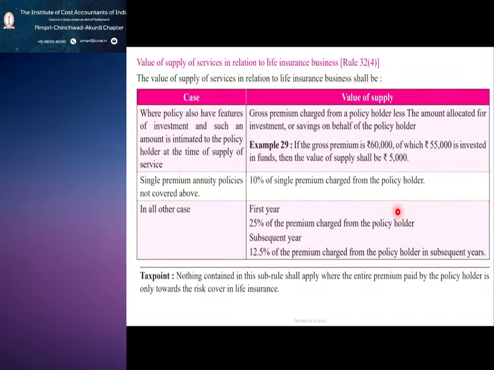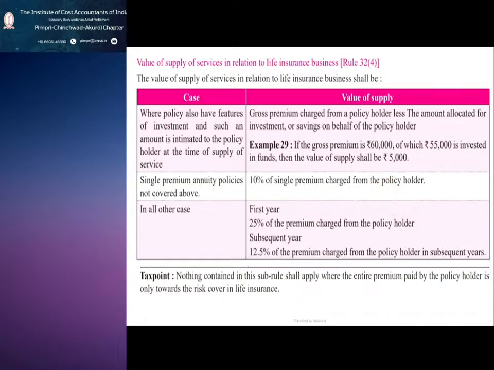Where the policy has features of investment, and such an amount is intimated to the policy holder at the time of supply of service, the value of supply of services in relation to life insurance business is the gross premium charged from a policy holder less the amount allocated for investment or savings on behalf of the policy holder.